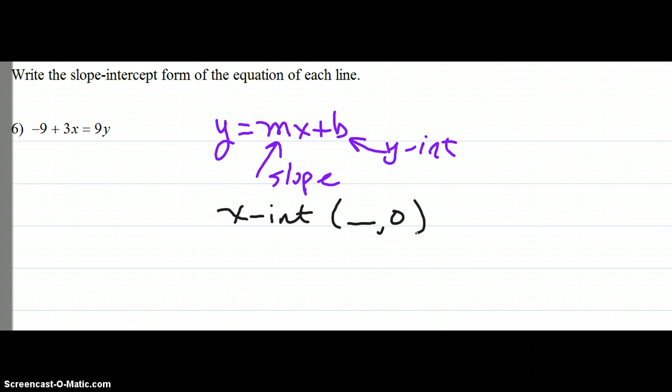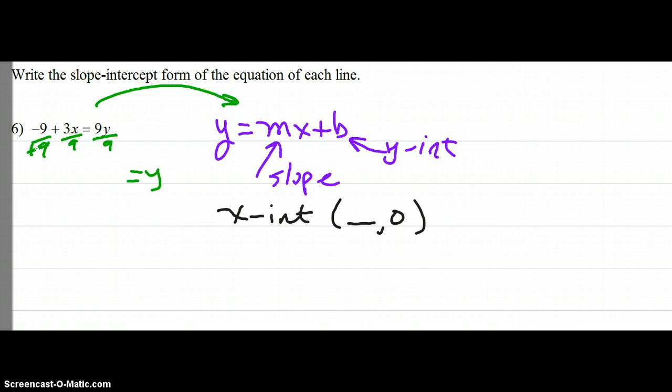So if we're given an equation like this and we don't really see the y equals mx plus b, we're going to have to manipulate it so that we solve the equation for y. In this case, I would do that by dividing everything by 9.